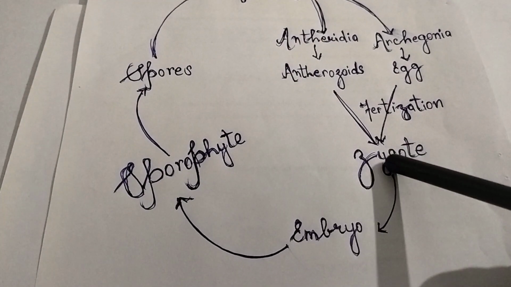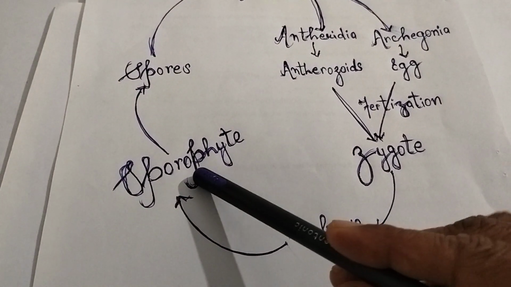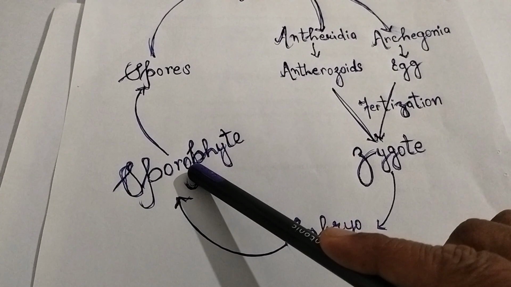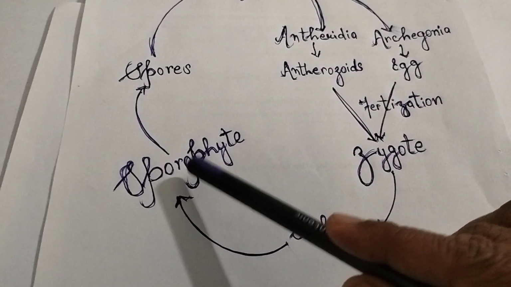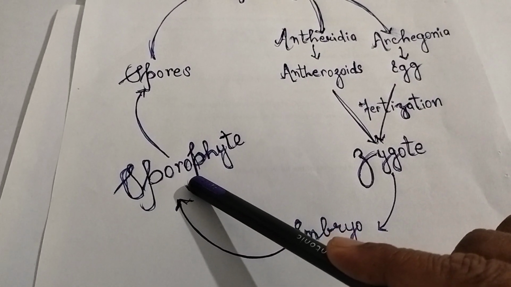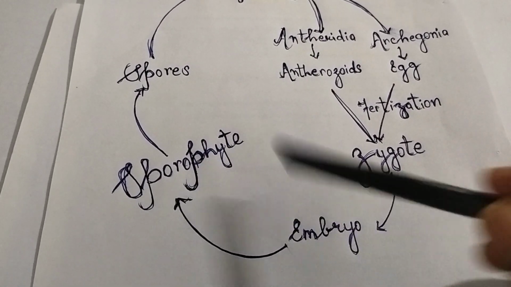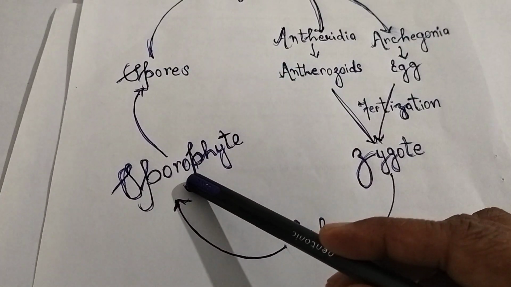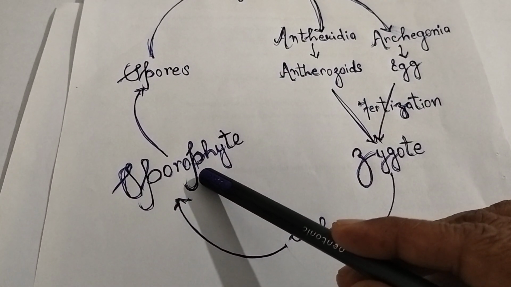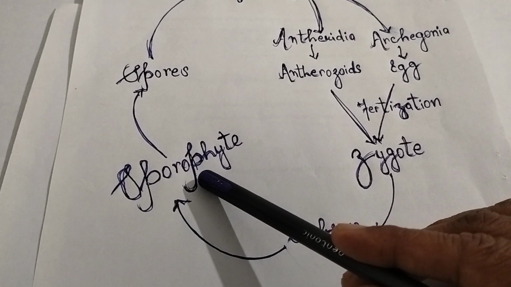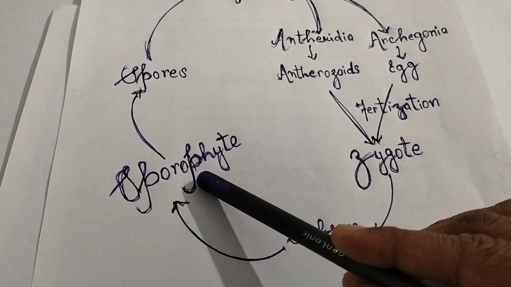Alright, so we can say that zygote forms a well differentiated multicellular sporophyte. Well differentiated means, as we have just studied, the sporophyte bears true roots, stems and leaves. So zygote forms embryo, embryo develops to form the sporophyte. Sporophyte here is multicellular and well differentiated into root, stems and leaves.